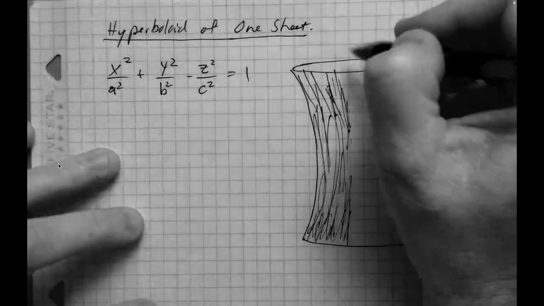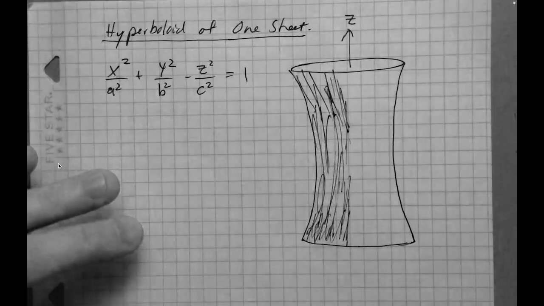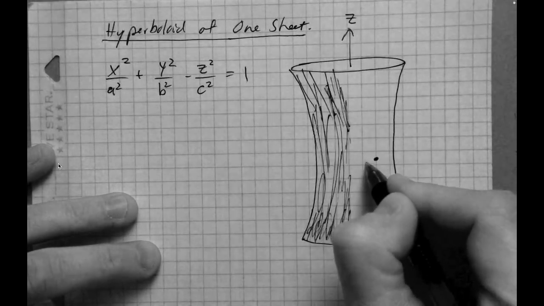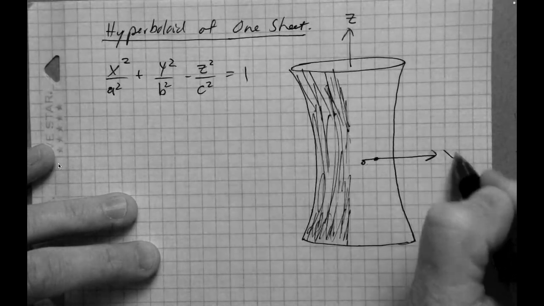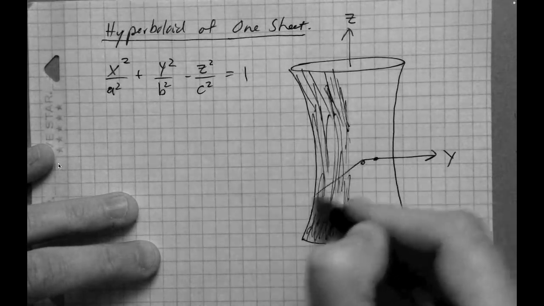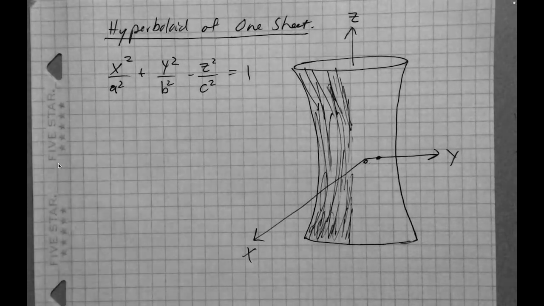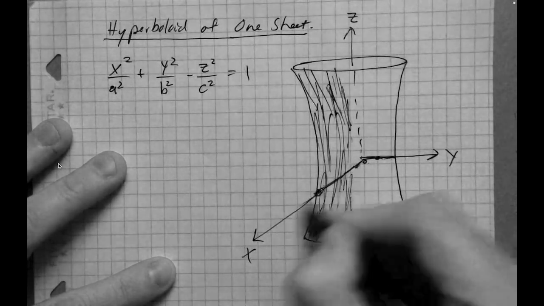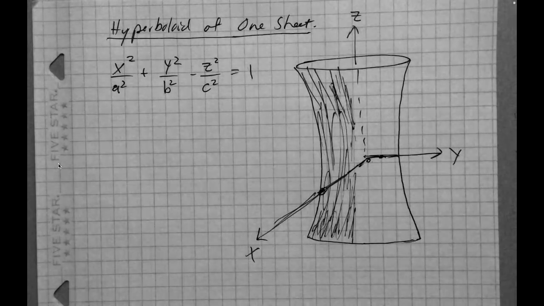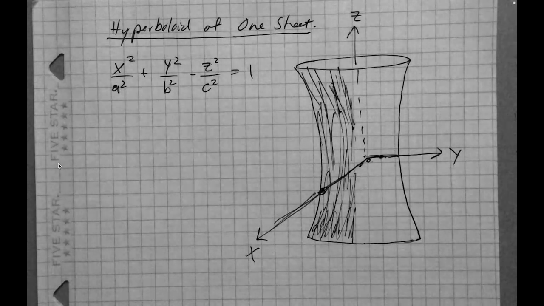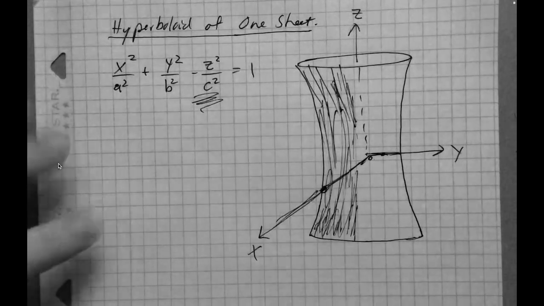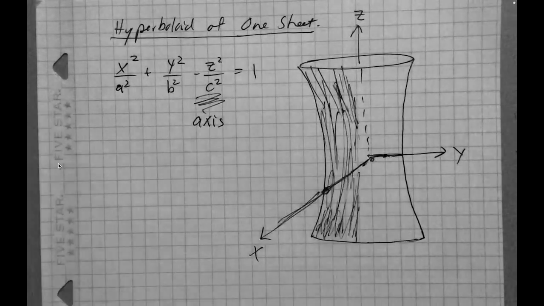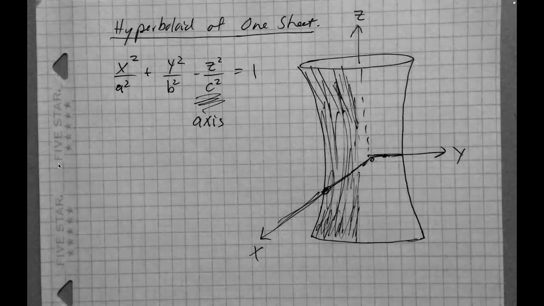Coming out the top, you've got your z-axis, and then you've got your y-axis, and then your x-axis, just like so. So you can see where these would sort of sync up here, and that comes out of the middle there. So that is the hyperboloid of one sheet. And again, the axis is represented by the variable whose coefficient is negative. So that's where the axis is going to be based on that variable.